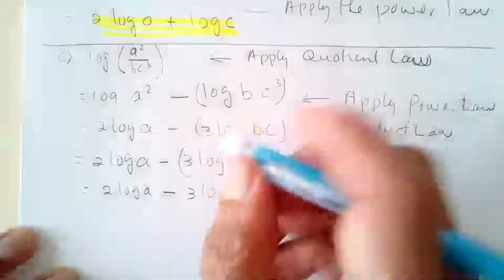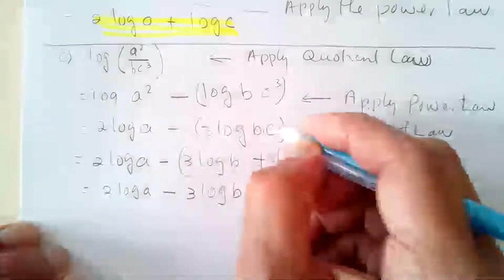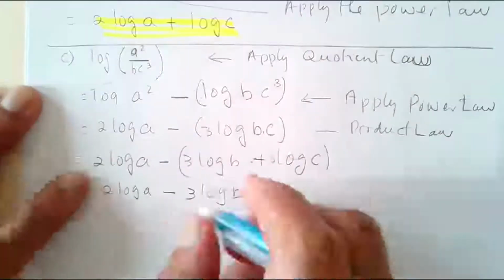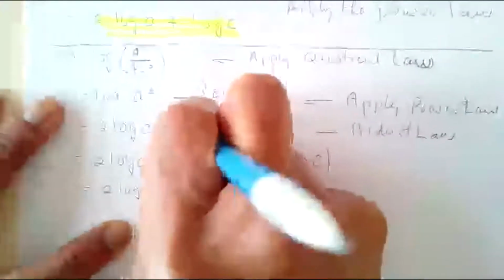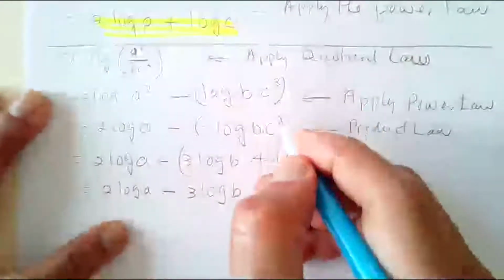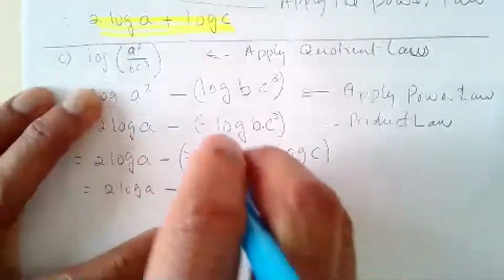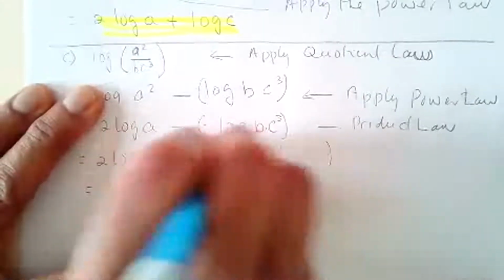I should have used the product rule first, so the power rule shouldn't have been applied here yet. Okay, mistake here. Let's rewrite this.